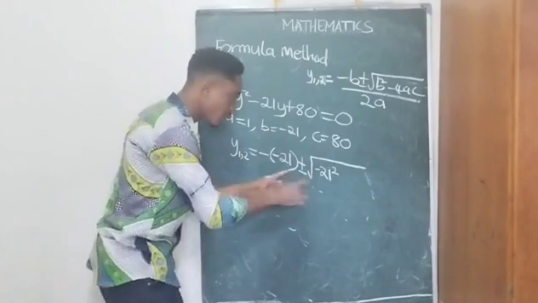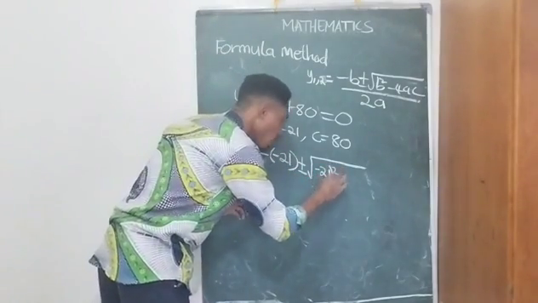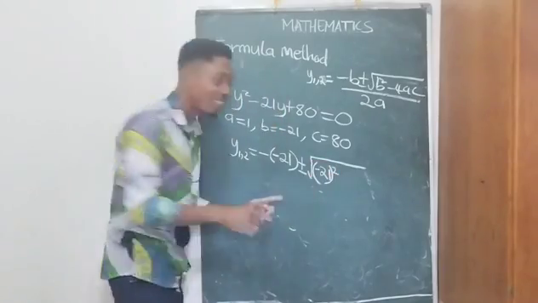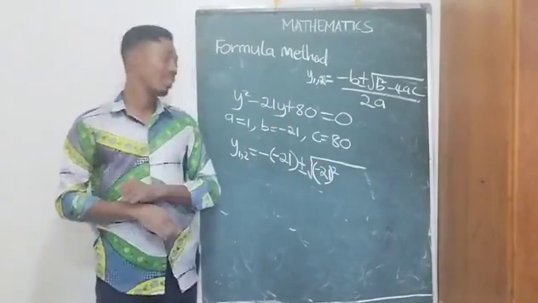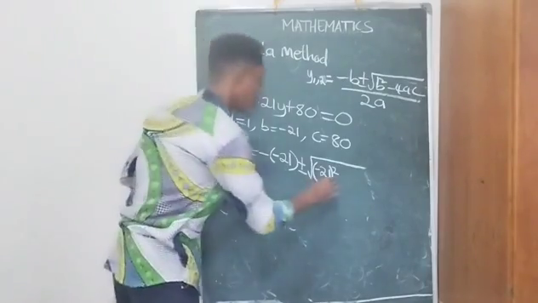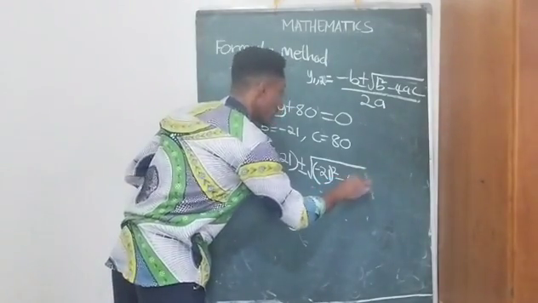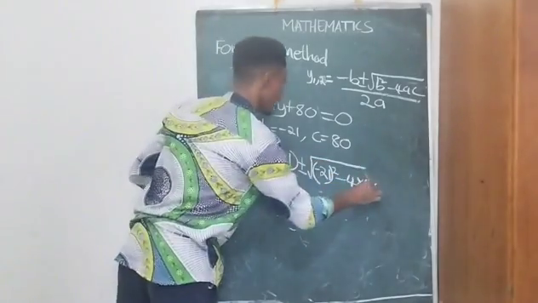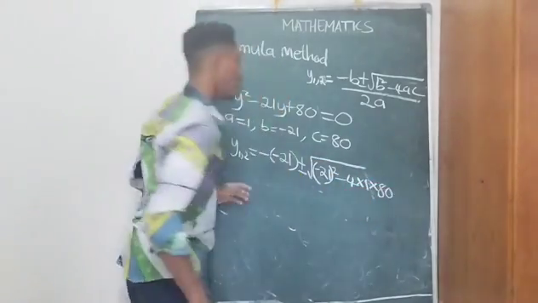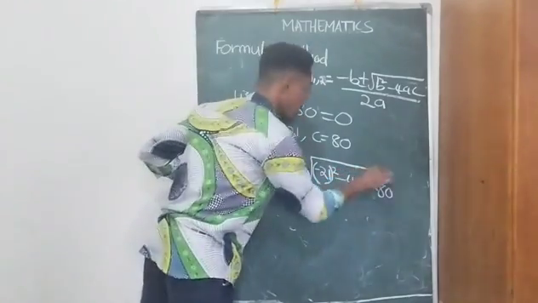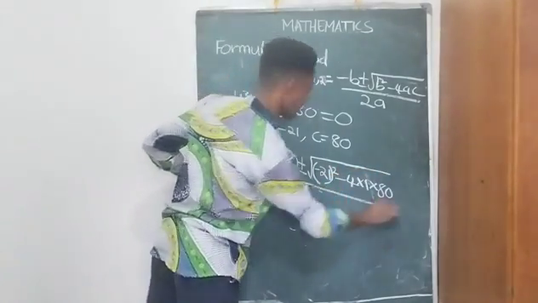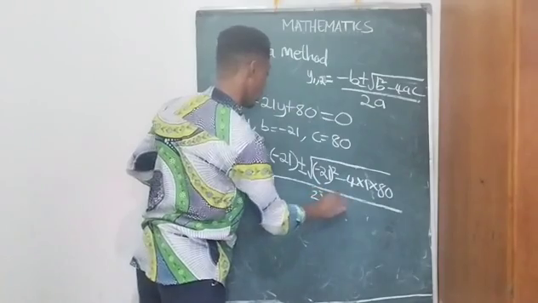So the best way to represent this is minus 21 all squared. You see the correct way to represent this. All right. And minus 4 times a, which is 1, times c, which is 80, all over 2a. That's 2 times 1.